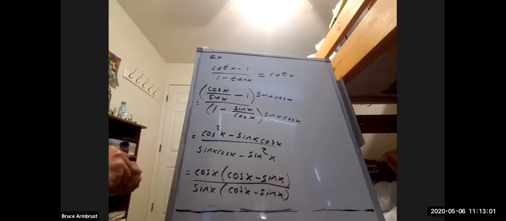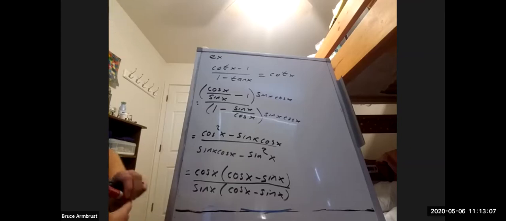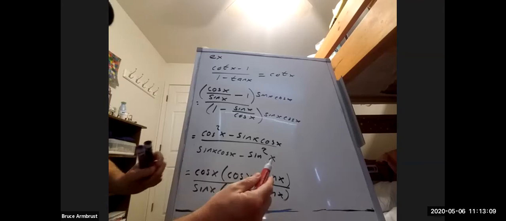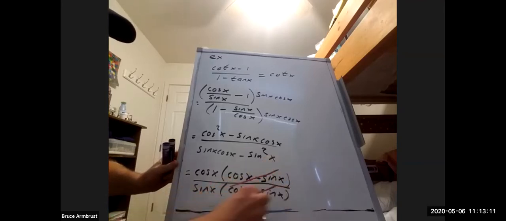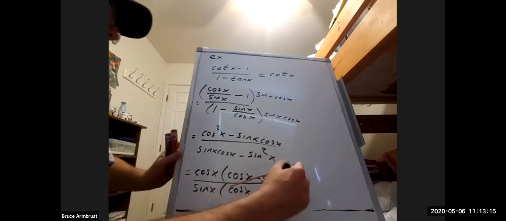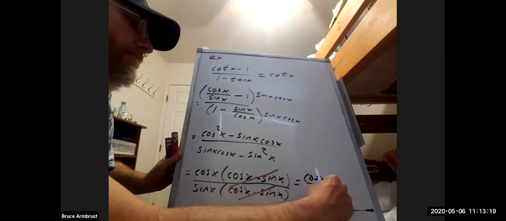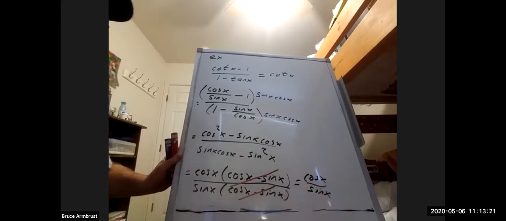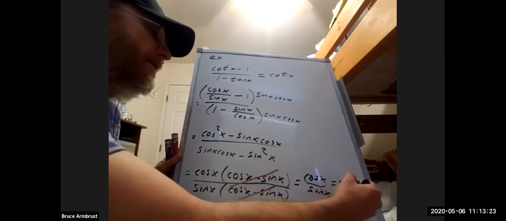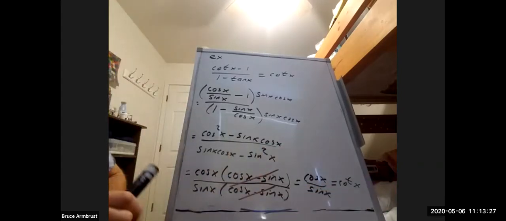And this is when everybody should get really happy, because now we have a factor that's in common that can be canceled. So I'll grab my red slashing pen, cross those guys off. And so what I'm left with is only cosine over sine, which by the quotient identity, I know is cotangent of x.